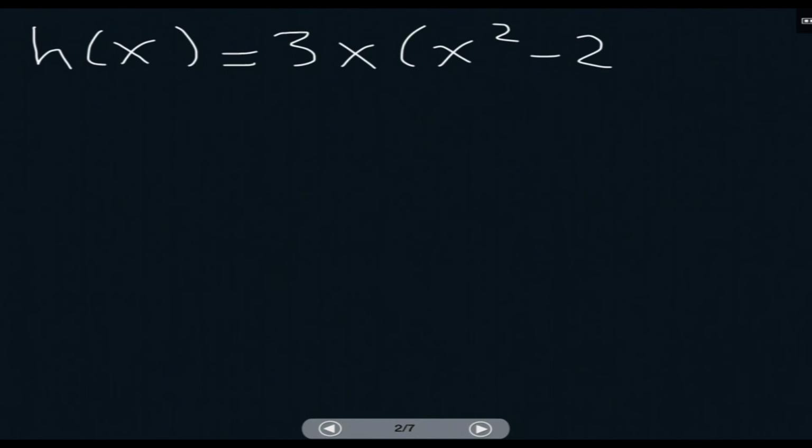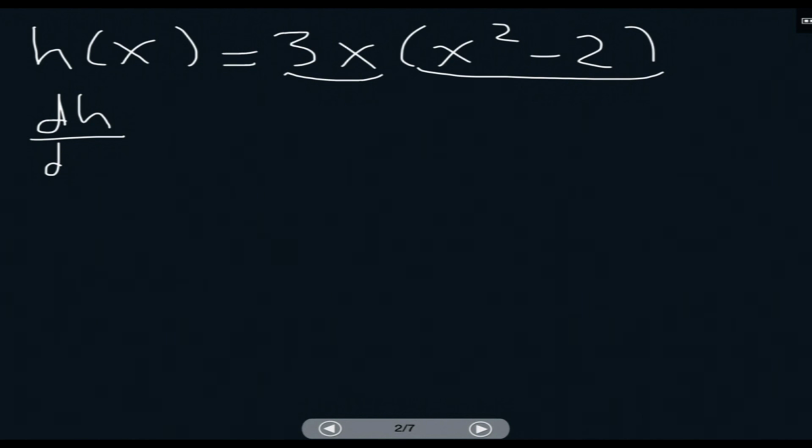Let's say h of x is 3x times x squared minus 2. Here's our first function, and here's our second function. Let's calculate the derivative of h with respect to x. The derivative of the first function is just 3, and then I'm going to write just the regular second function.